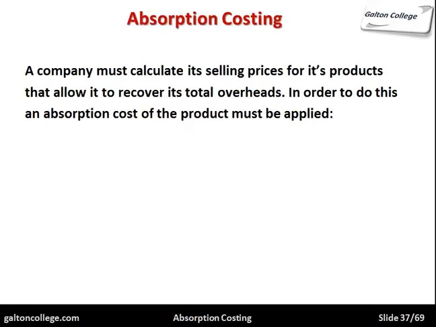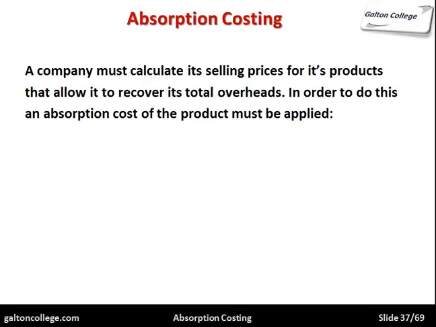A company must calculate its selling price for its products that allows it to recover its total overheads. Simply, if it doesn't recover its total overheads, the company is not going to exist. It's going to go out of business. It must cover its direct costs and its overheads.